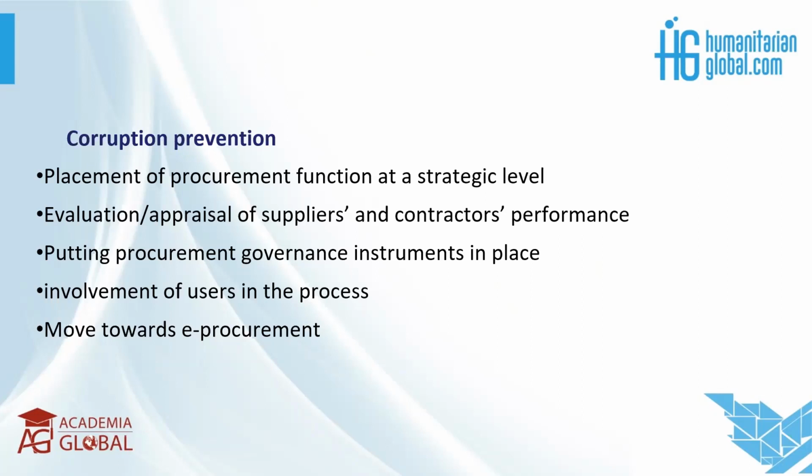The other one is putting procurement governance instruments in place. There are a lot of governance instruments, but things like policy. We have policies. What is our policy on supplier onboarding?